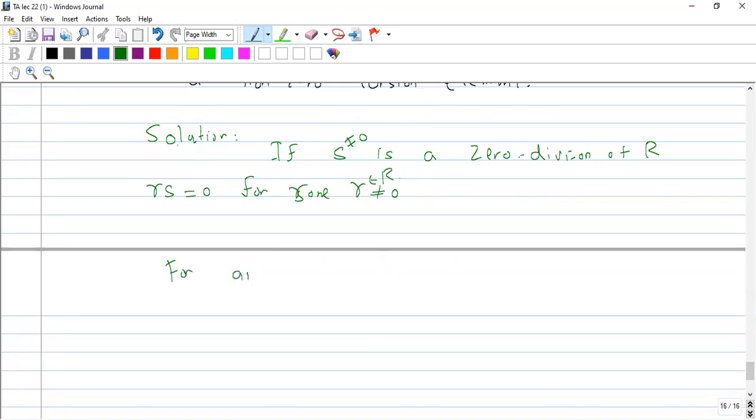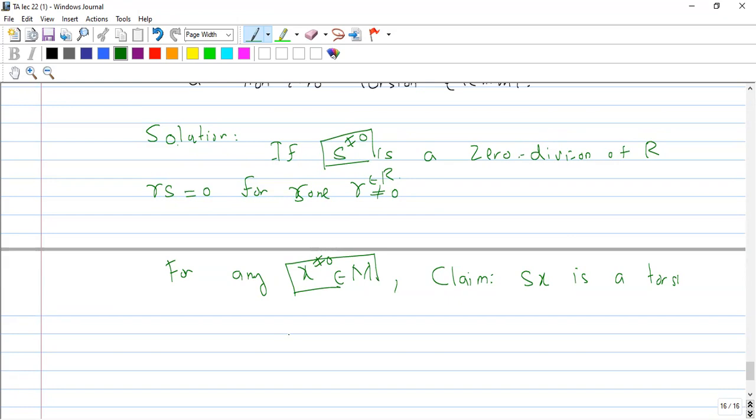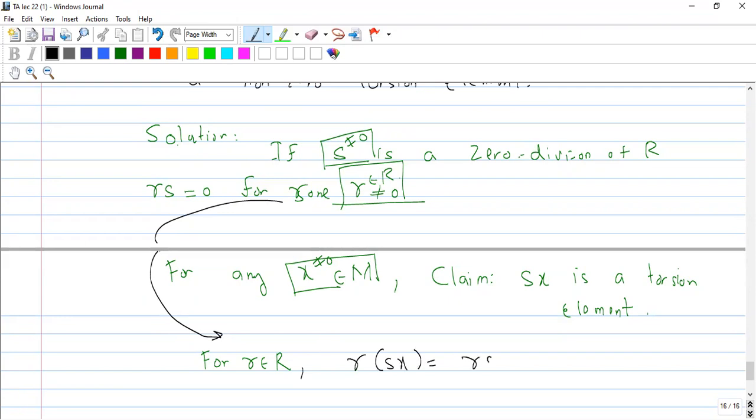So for any x which is not equal to 0 in M, our claim is that sx is a torsion element. If I multiply this zero divisor s with any element of M, it will produce a torsion element. And why is this a torsion element? Because for this r in R, the r we took here, if you multiply r with sx, it is equal to rs into x, and we know that rs equals 0.